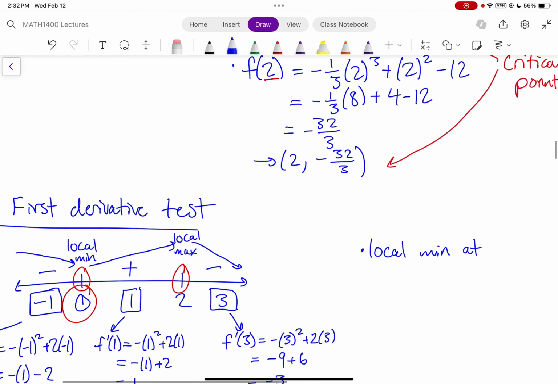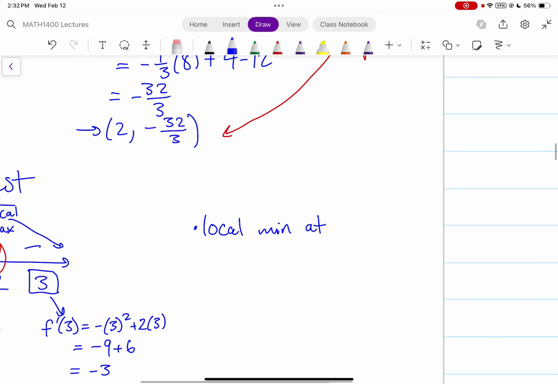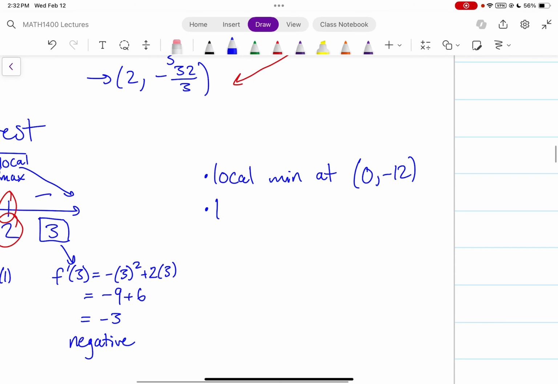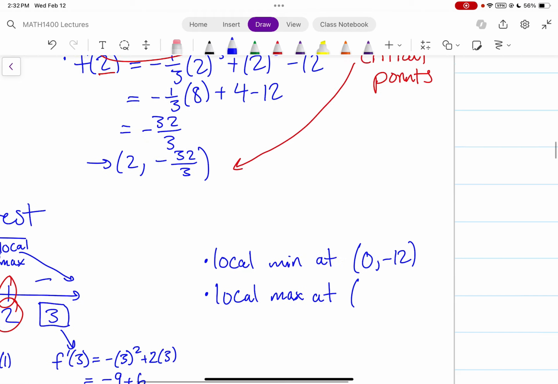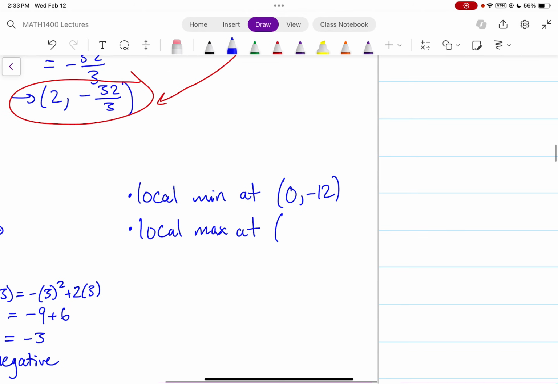We want to put 0 comma negative 12, because that's what we found up here. So local min at 0, negative 12, and then we also have this local max at this point, 2 comma negative 32 over 3.